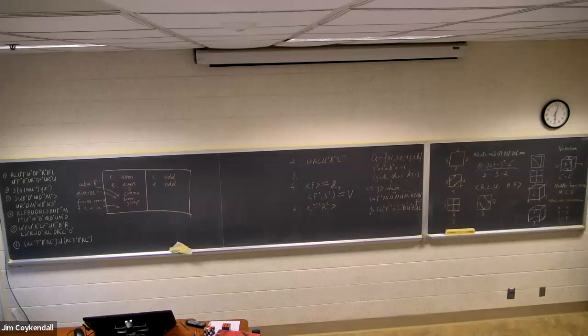I think she means the parity of the permutation on the corners and the permutation on the sides must match. So it's either an even permutation of the corners and an even permutation of the sides, or an odd permutation of the corners and an odd permutation of the sides. If one of them's even and one of them's odd, that's not doable.